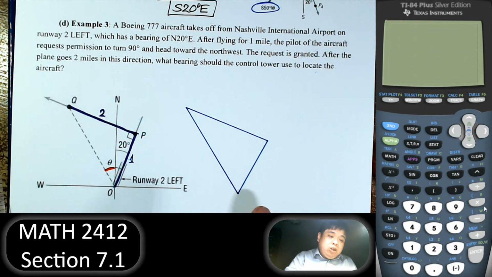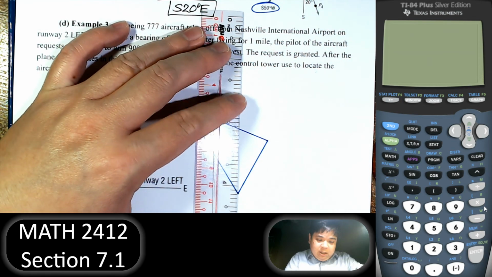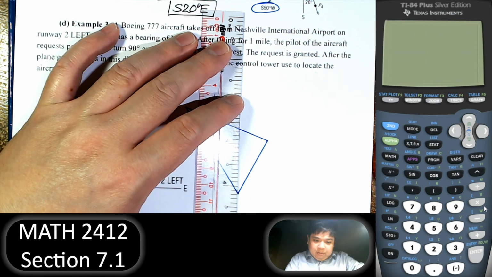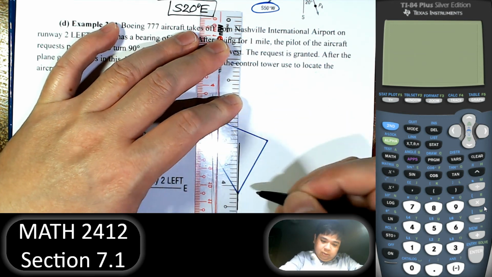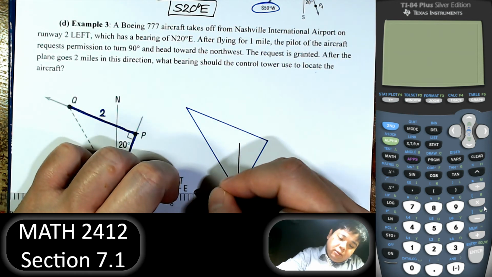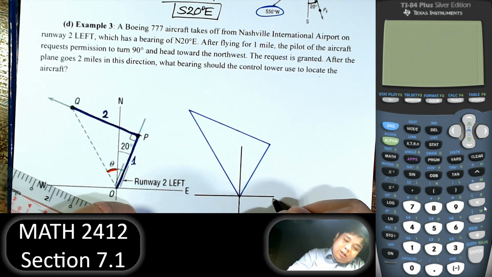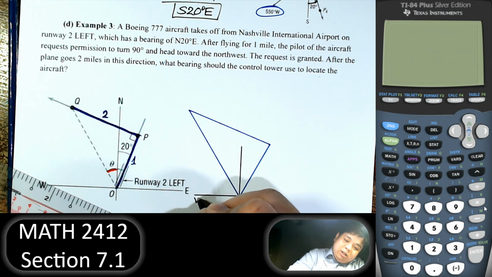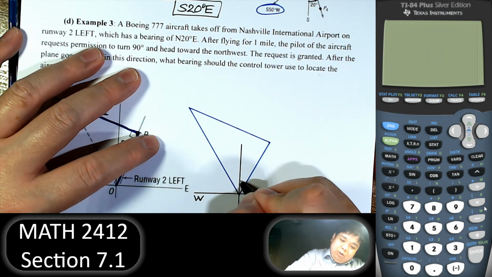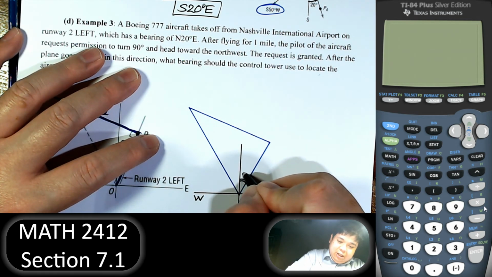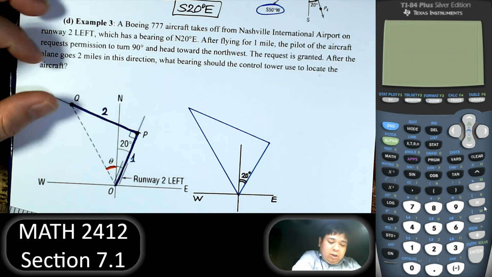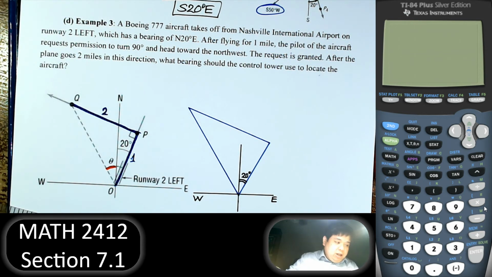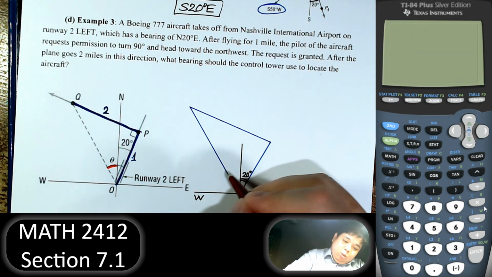Originally the bearing is 20 degrees northeast. So this is the east side, that is the west side. Originally it is 20 degrees. And the question is, what will be the new bearing?